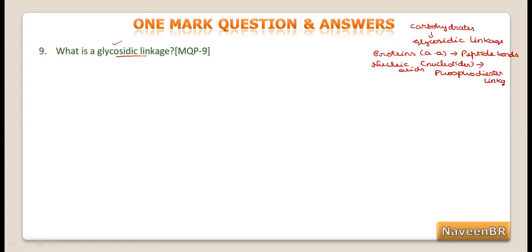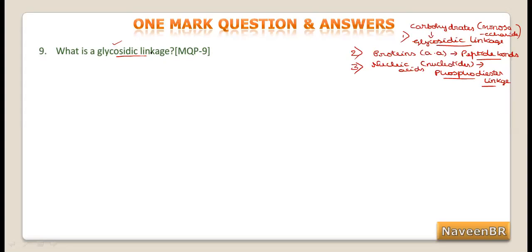As a linkage is mentioned, I am giving the main linkages with respect to each unit. Glycosidic linkage links the monosaccharides of the polysaccharides or disaccharides. So glycosidic linkage in carbohydrates, peptide linkage in proteins, and phosphodiester linkages in nucleotides of nucleic acids.